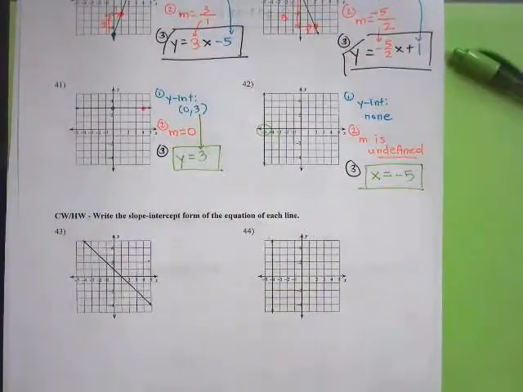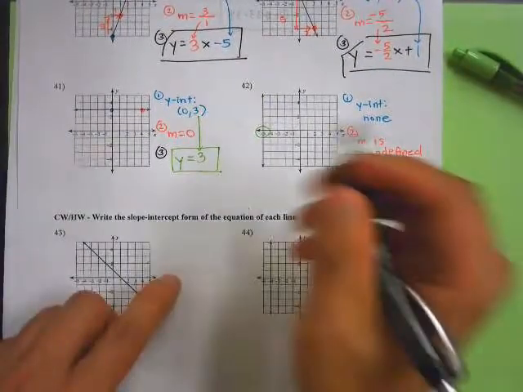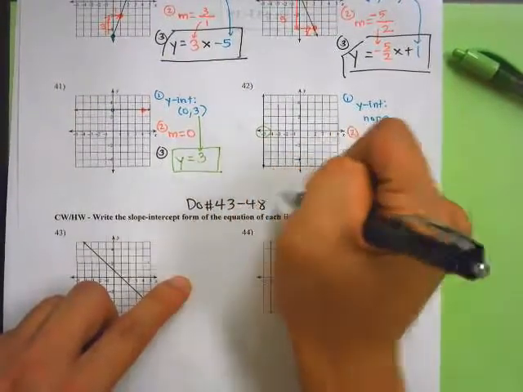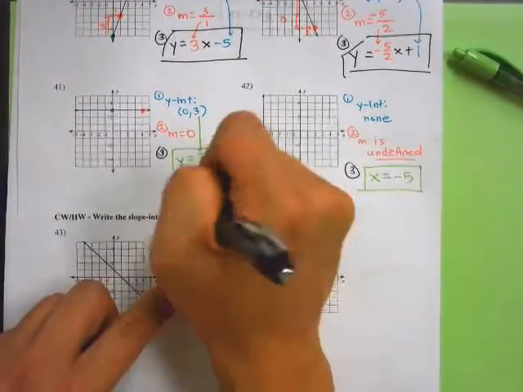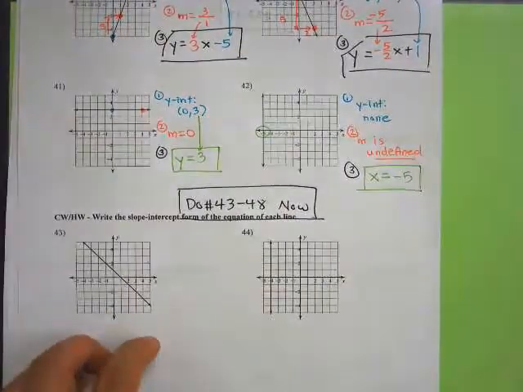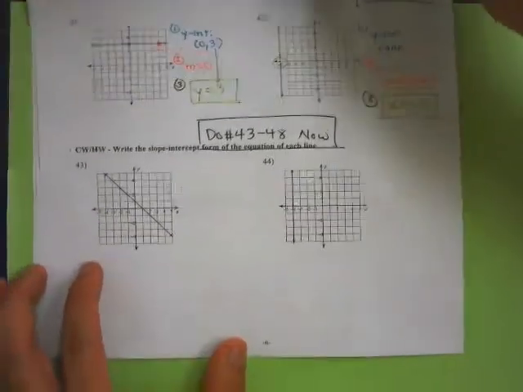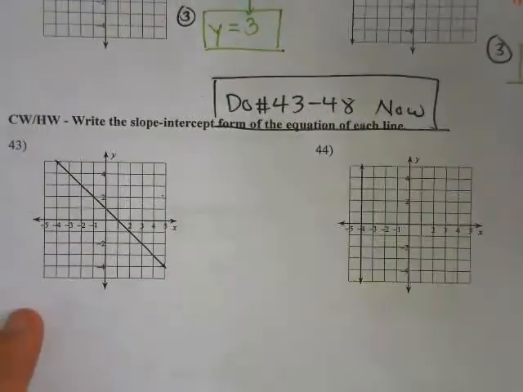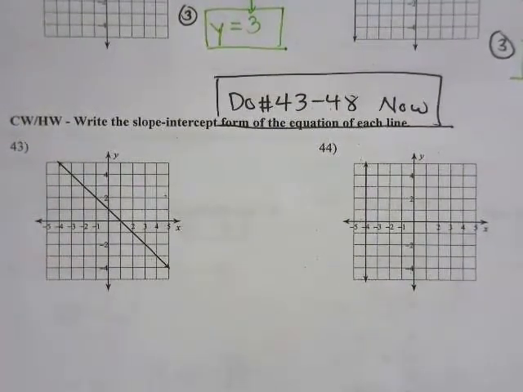You have enough information now to do numbers. Please do 43 to 48 now. And I will do 43 silently. Yes, put all 3. Yes, y-intercept, slope, equation.